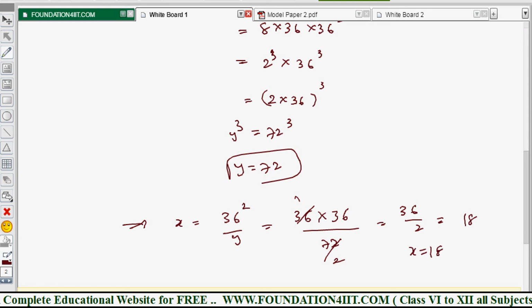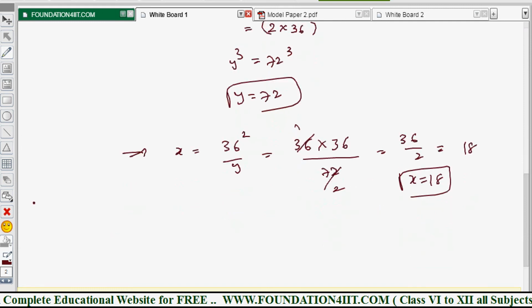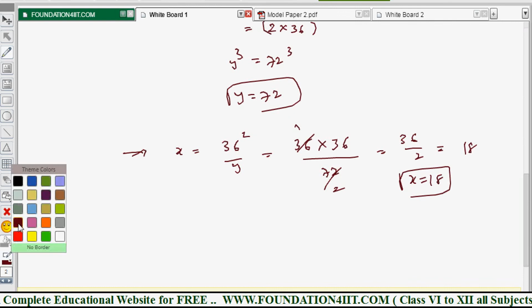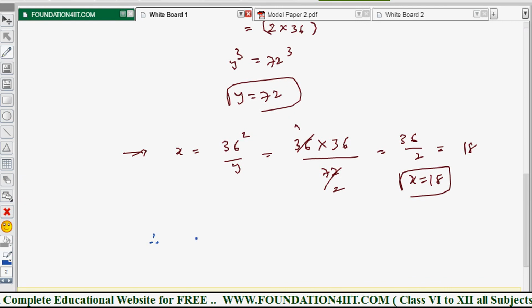Therefore x is equal to 18. X is 18 and y is 72. Therefore the required two numbers are 18 comma 72.